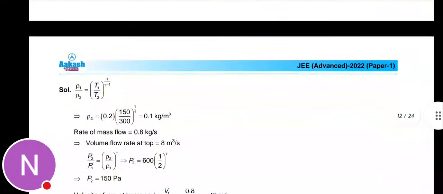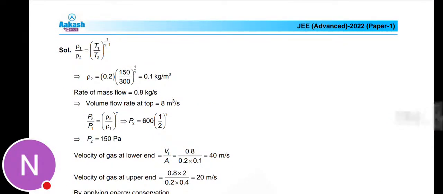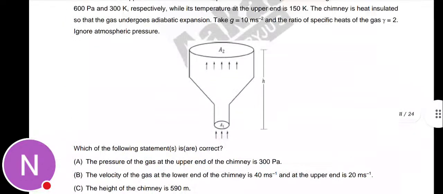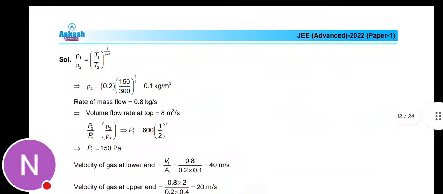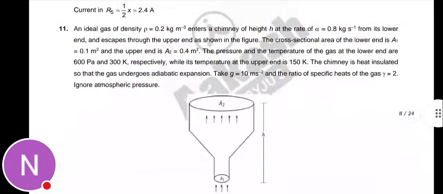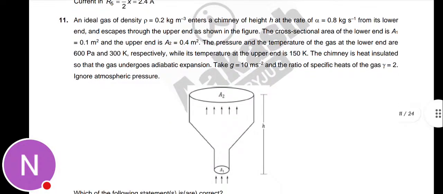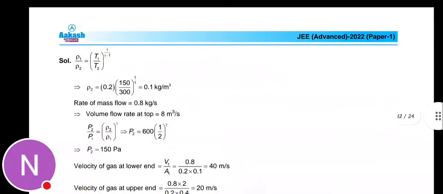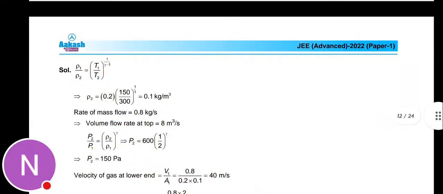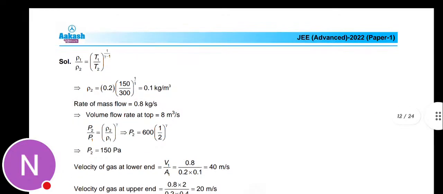The formula we are using is ρ1 by ρ2 is equal to T1 by T2 to the power 1 by γ minus 1, that is 2 minus 1, it will be 1 only. ρ2 is equal to 0.2, the density, into 150 by 300, the temperatures they have given, to the power 1 by 1.